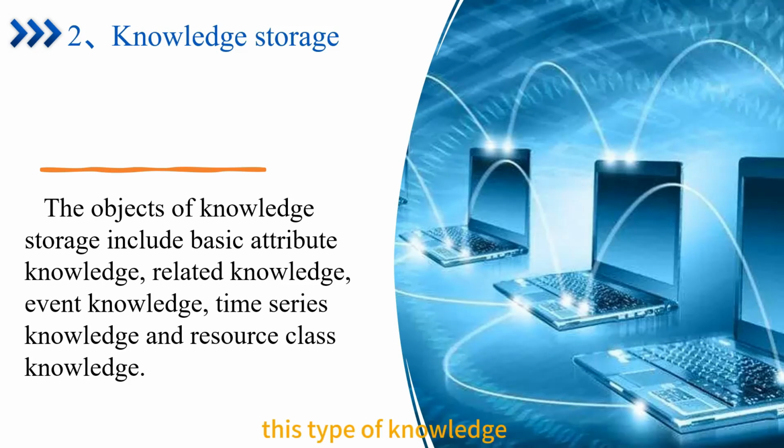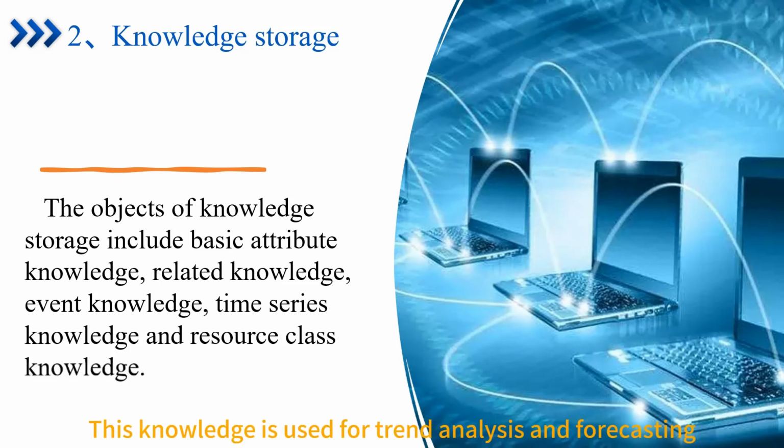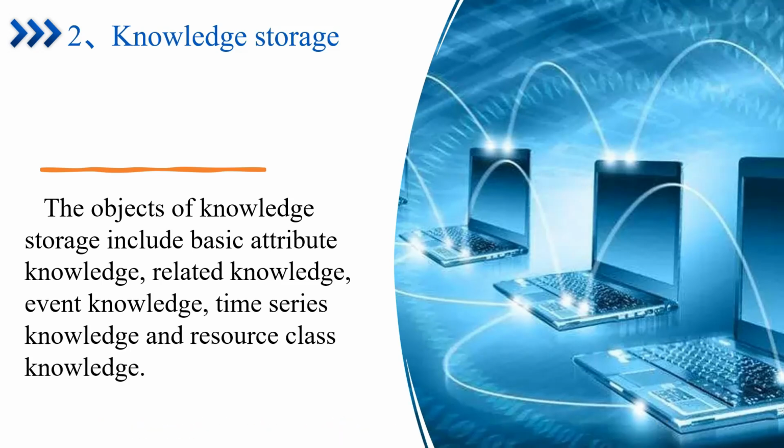This type of knowledge is used to describe an entity's history and development, and how it changes over time. Fourthly, time series knowledge describes how an entity changes over time, like stock price and temperature. This knowledge is used for trend analysis and forecasting.